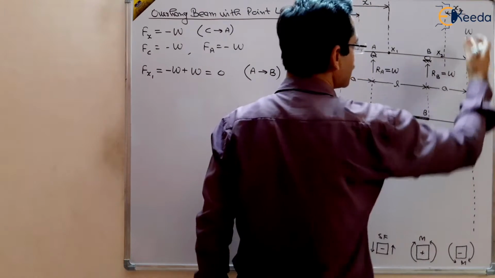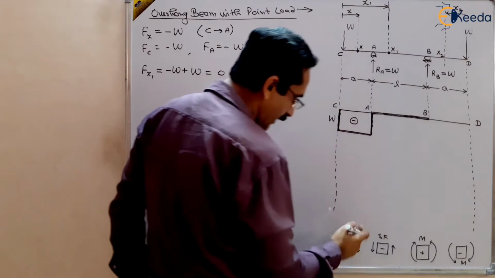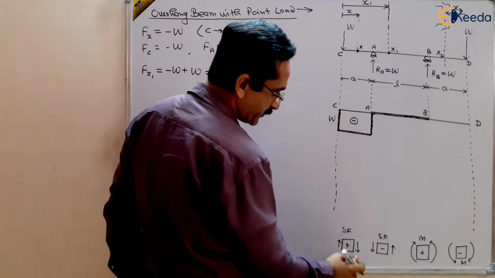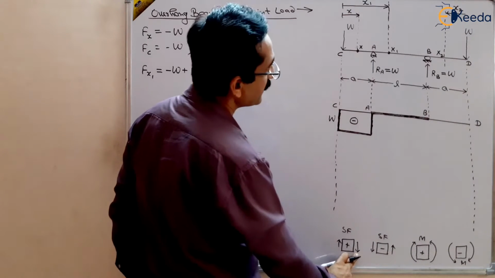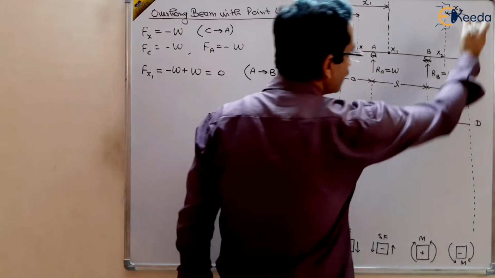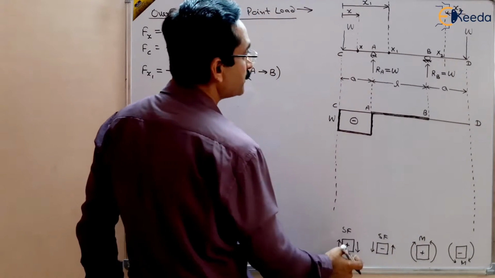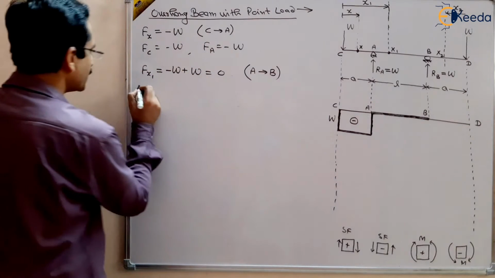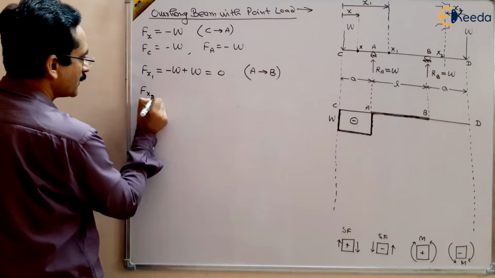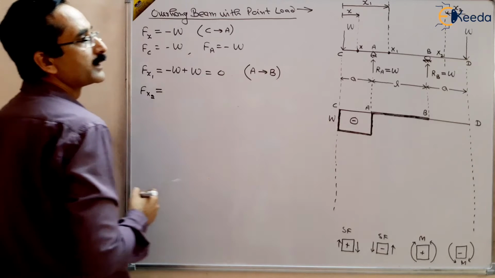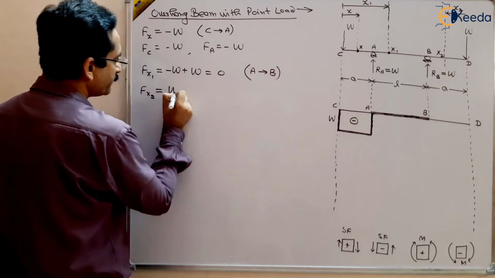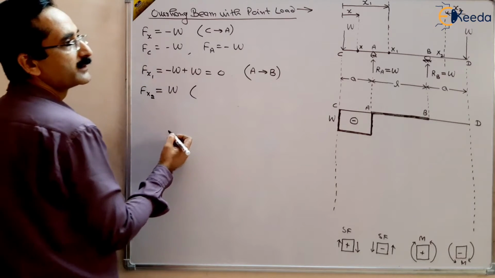To the right of this section W is downward, and W downward to the right of the section is positive, right? You can see here at the finger, to the rightward the force is downward, the shear force will be positive. So what is Fx2? That will be equal to W, and it is valid between D to B.